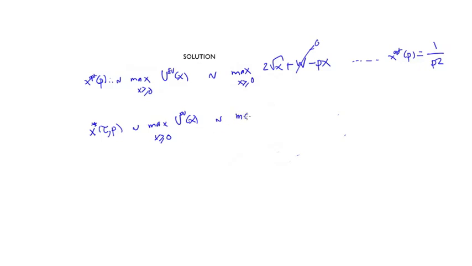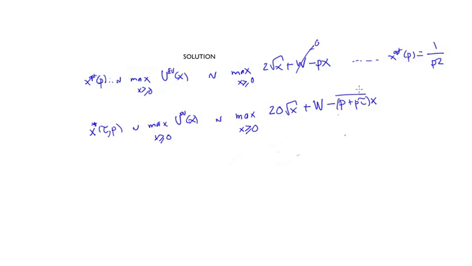So this is maximized over x greater or equal than 0. Now we substitute the decision utility function, which is 20 square root of x plus the amount consumed of m, that is w minus p plus p times tau x.